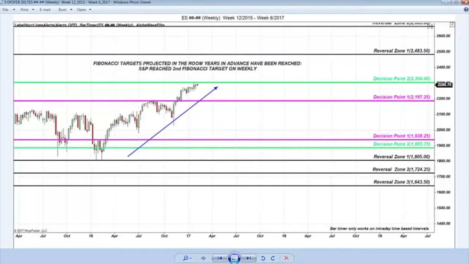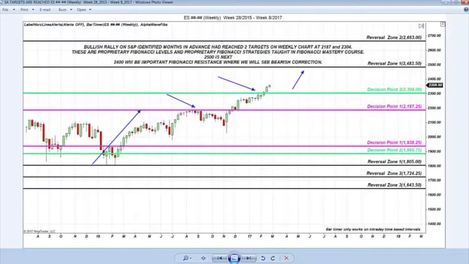No one is surprised? The bright green line, key Fibonacci resistance, key trend target on your investment decisions. And next, the market moves higher. Key Fibonacci resistance becomes key Fibonacci support.